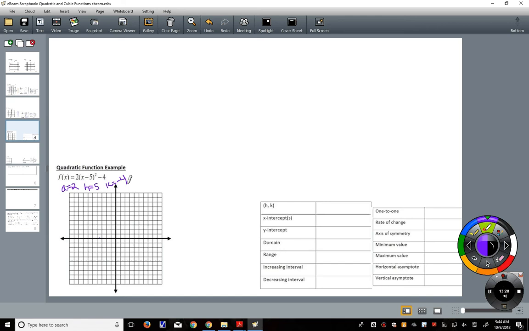If the A value is 2, what's happening to our graph? Stretching which direction? Vertical. If it's not happening to X, it's not horizontal. Only the horizontal stuff happens inside of this little squared thing. Everything outside of the squared is vertical stuff. So this 2 is a vertical stretch.